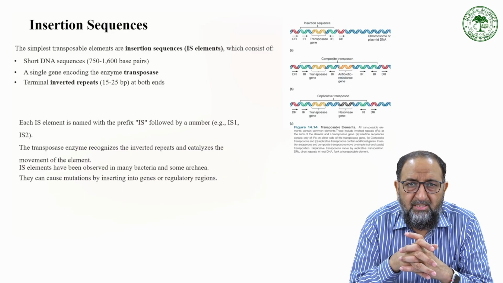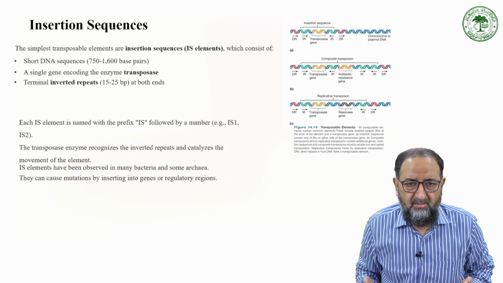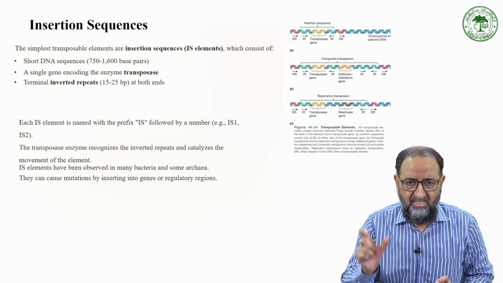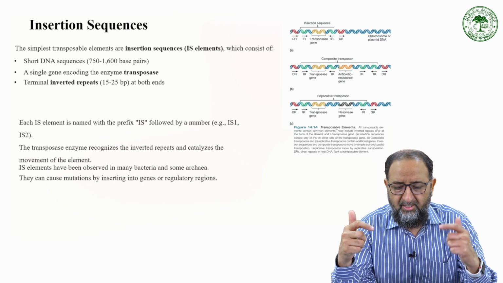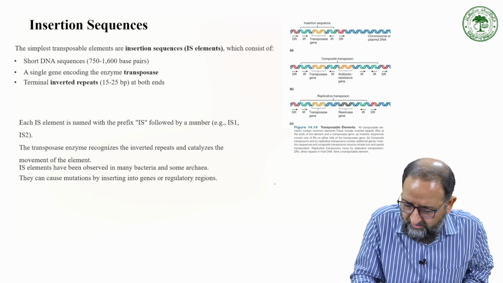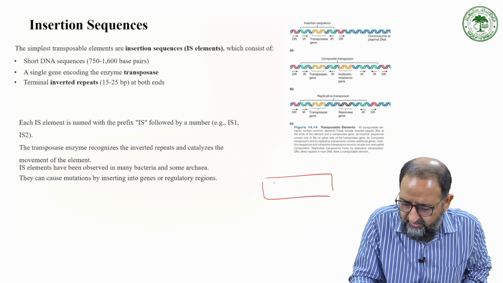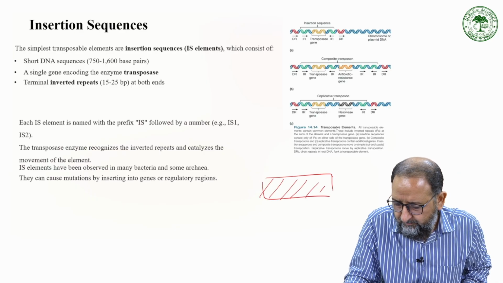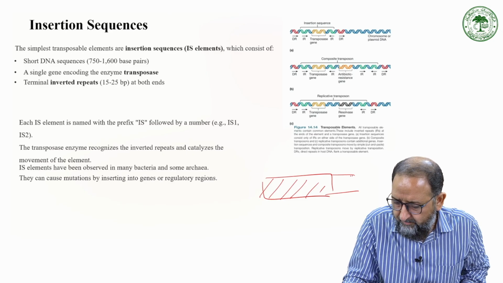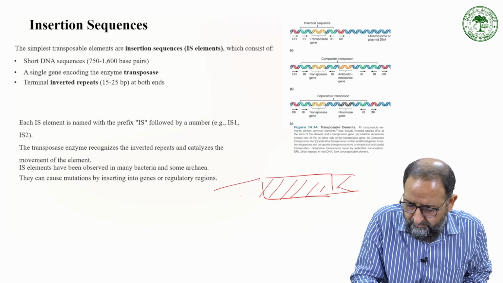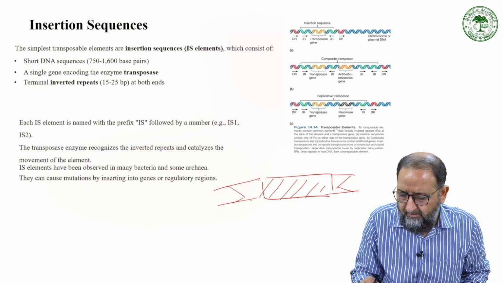Now, the transposase gene which is present in the IS elements recognizes the inverted repeats, right? Inverted repeats means, for example, this is the insertion sequence, and this is the inverted repeat.